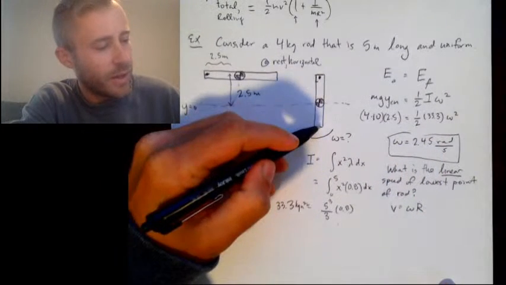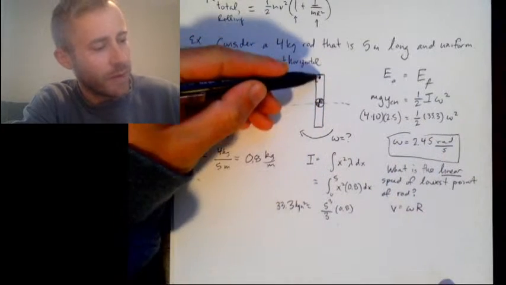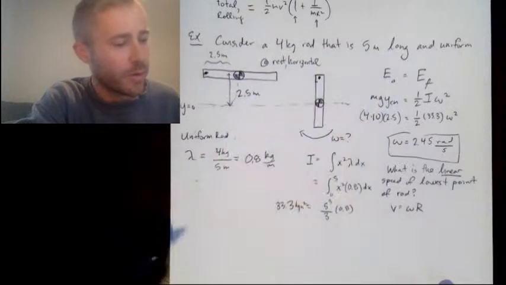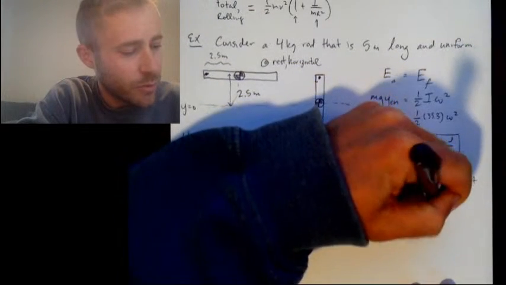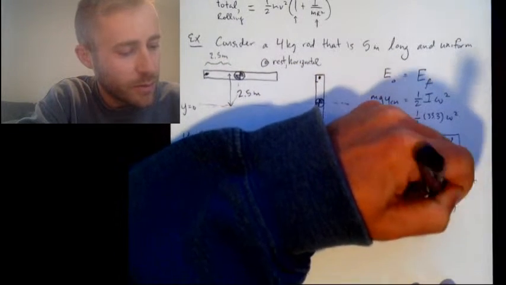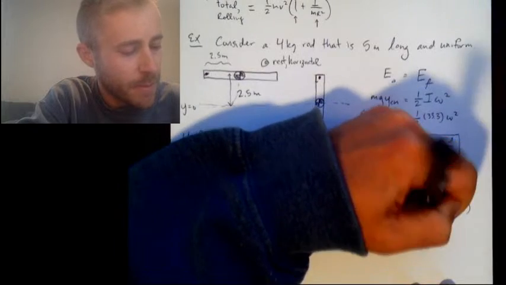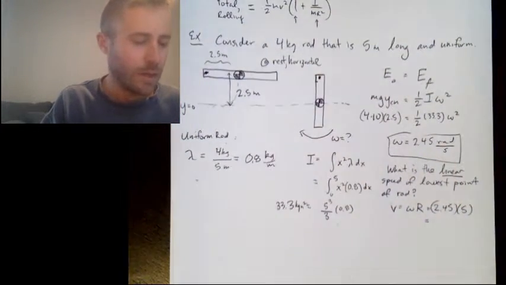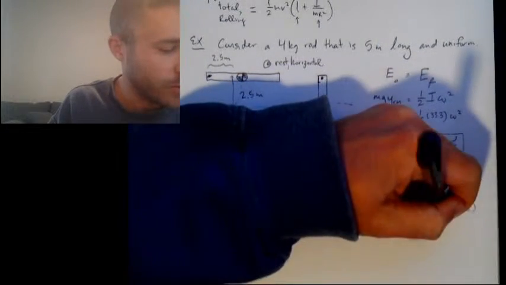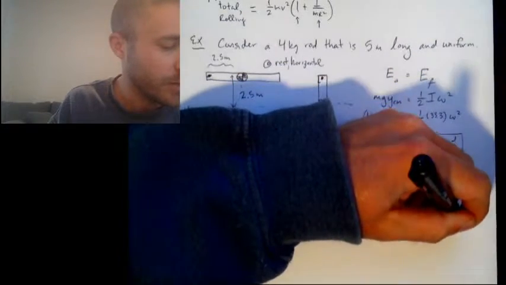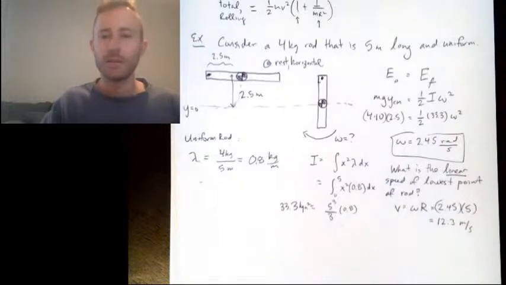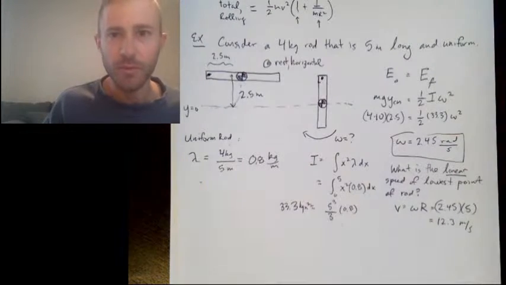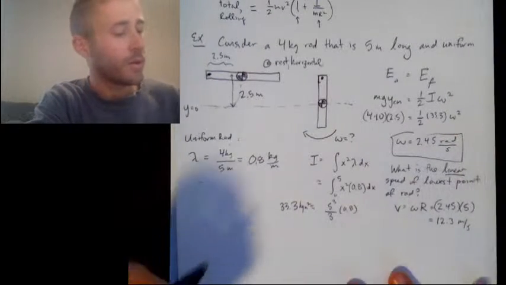The end of the rod is 5 meters from the pivot point because it's a 5 meter long rod. So I would have 2.45 times 5, which is 12 and a quarter, 12.3 meters per second. So that's a nice example of applying energy to these problems.